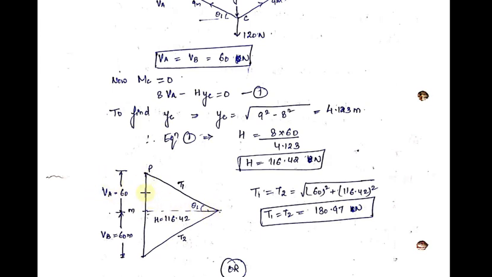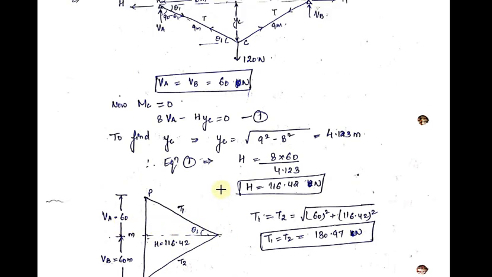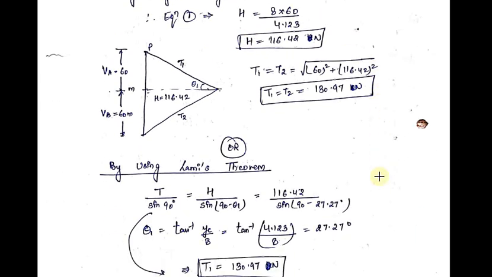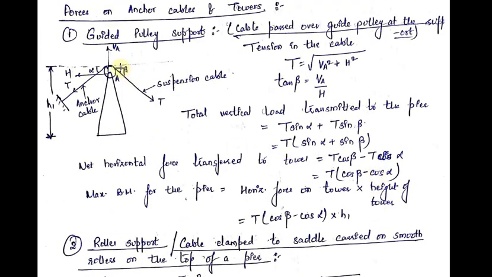So perpendicular is VA and base is capital H. So tan theta 1 we used to get equal to VA upon capital H. In the same way, in the problem which we are doing right now, in place of theta 1 the angle is beta, so tan beta will be equal to VA upon capital H. So we can find the value of the tension in the anchor cable by this formula, capital T equal to the square root of VA square plus H square, whereas the angle beta can be found with this equation, tan beta equal to VA upon capital H.